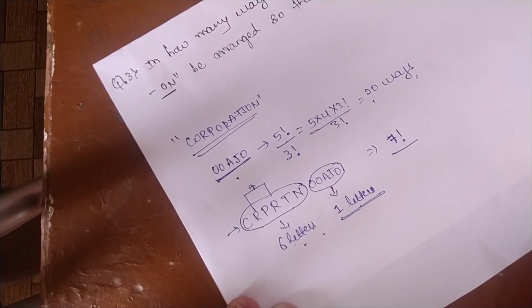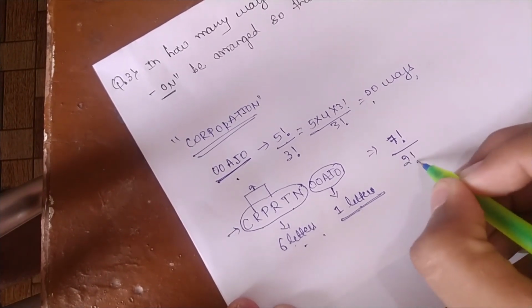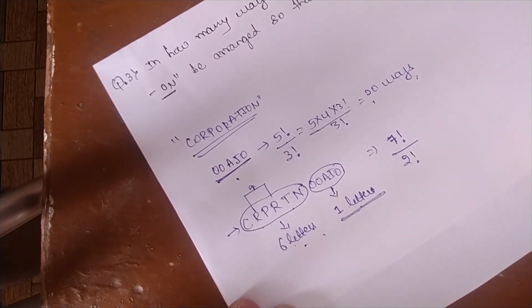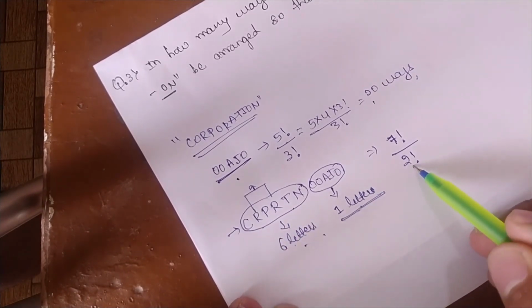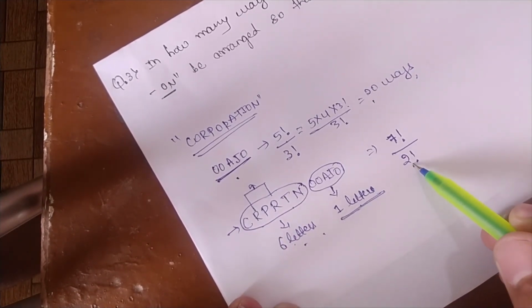So there are 2 R's repeating, so we divide by 2 factorial, which is our usual job. For repetitions, we divide by that many repetitions factorial.